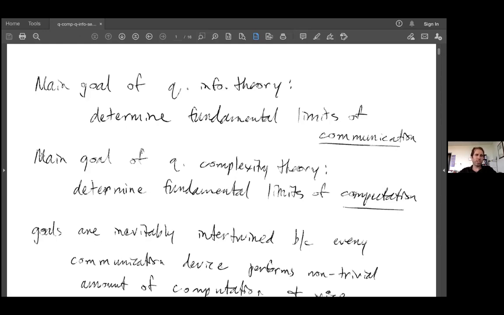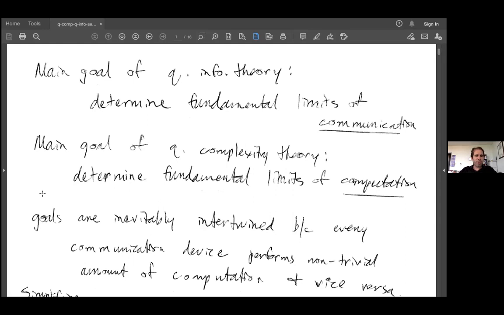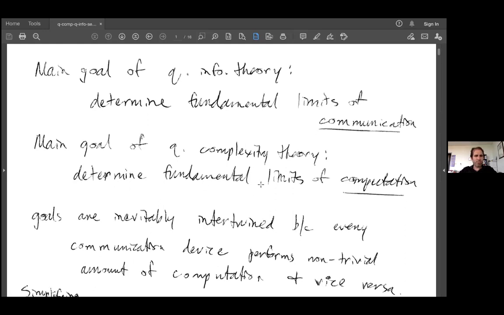It's our best understanding of the universe at the moment. I will be focusing on non-relativistic quantum information and computation. And then another goal is to figure out what are the ultimate limits of computation. And this is what quantum complexity theory addresses.